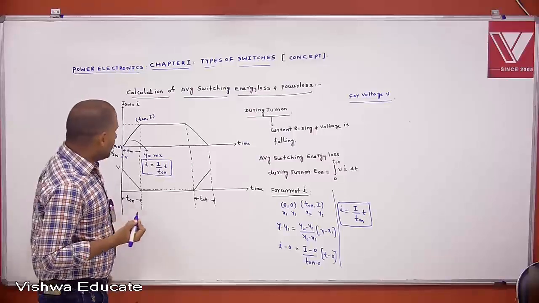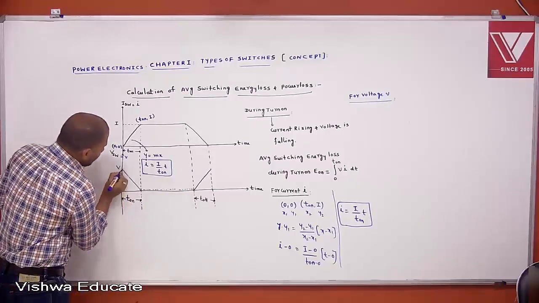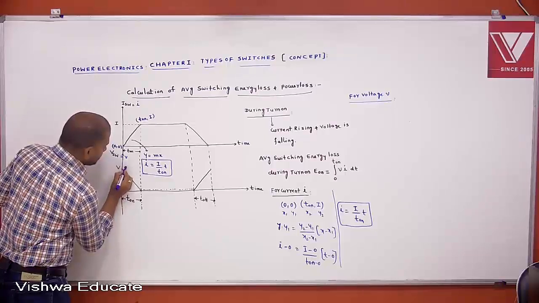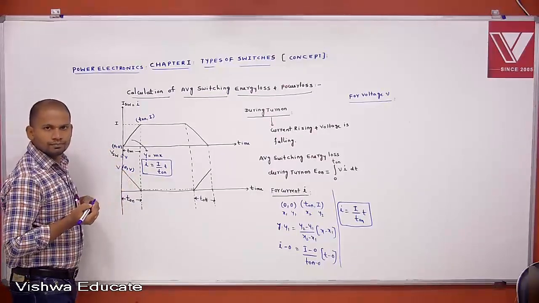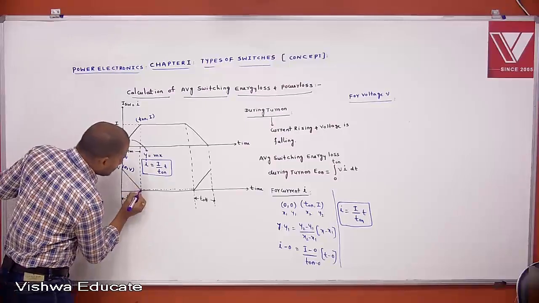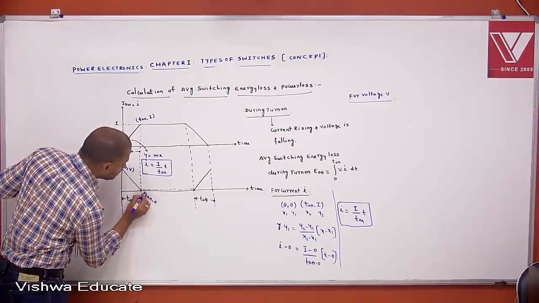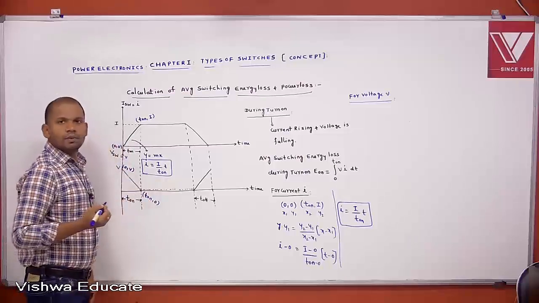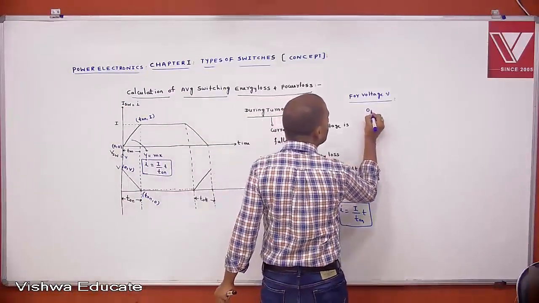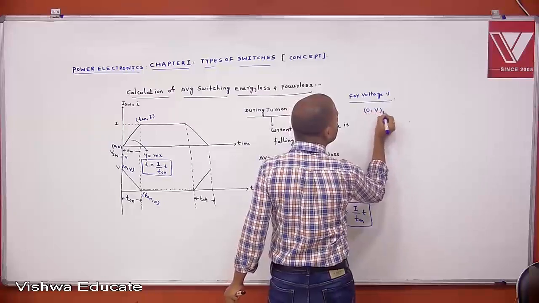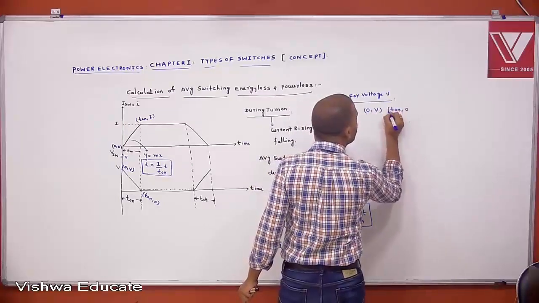Then same, you follow the line equation. What are the coordinates here? 0, comma V. And here? T on, comma 0. The line is changing from 0, comma V to T on, comma 0. This is during T on.